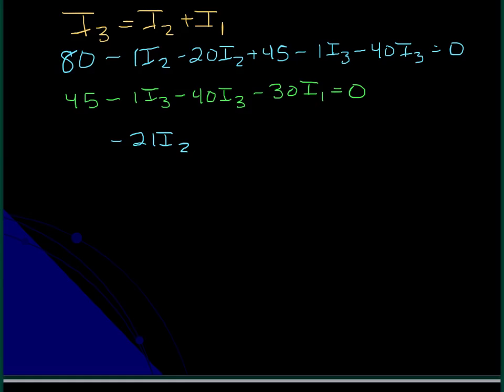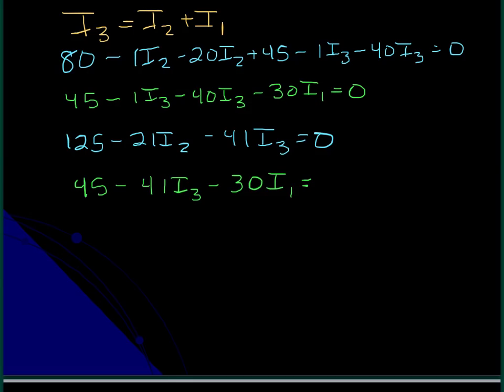So that becomes 125 minus 21I2 minus 41I3 equals 0. And the green equation can become 45 minus 41I3 minus 30I1 equals 0.